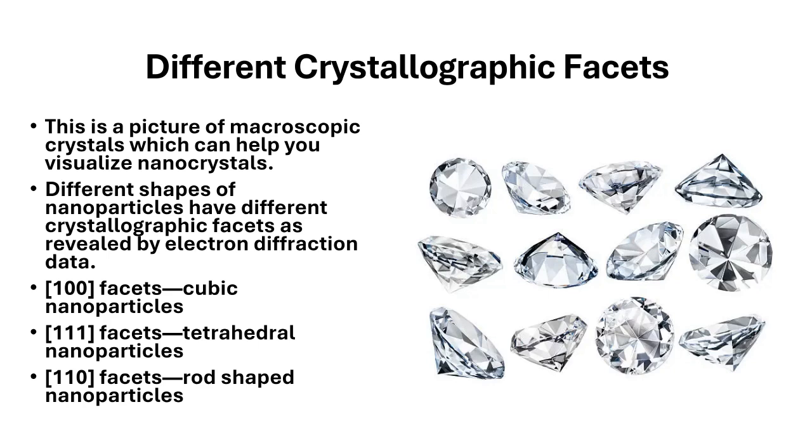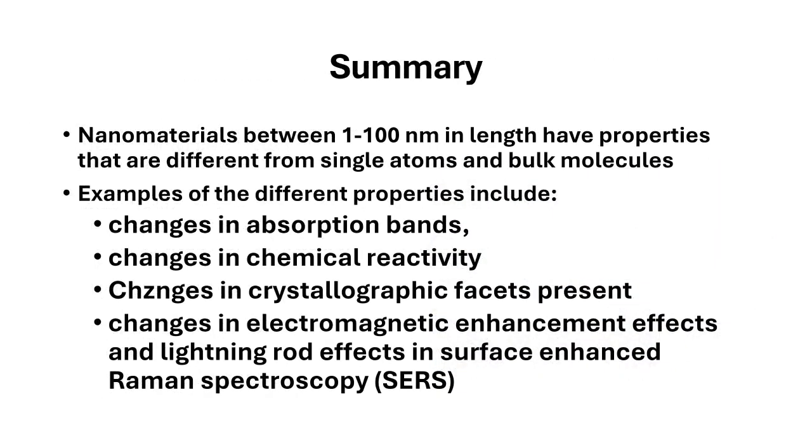Cubic nanoparticles are composed entirely of 100 facets, while tetrahedral nanoparticles are composed entirely of 111 facets. Nanorods contain 110, 100, and 111 facets depending on the specific location on the nanorods, like the long face, sides, corners, and edges.